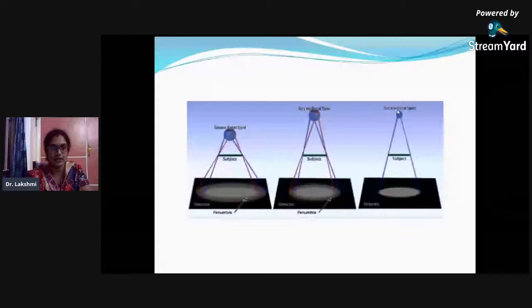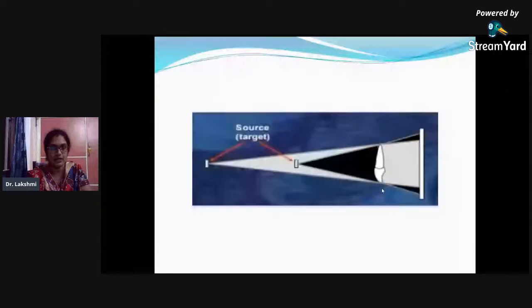Coming to the second one, the focal spot to tooth distance should be large. Here is a tooth, and this is a source or the target. The tooth and the target should have a larger distance.